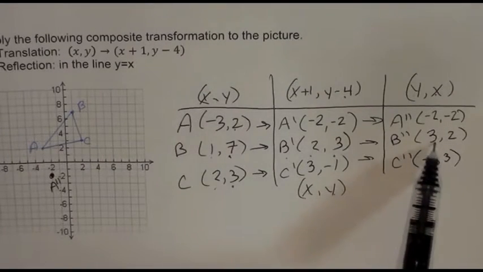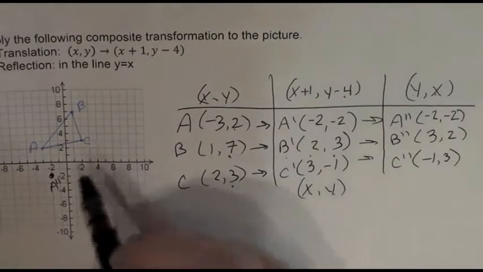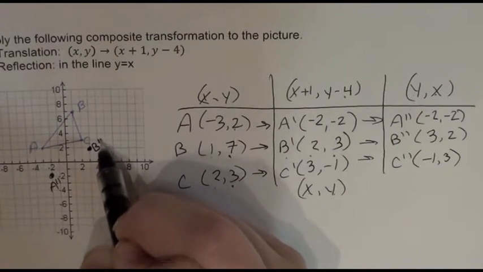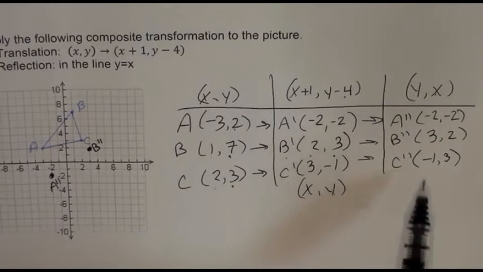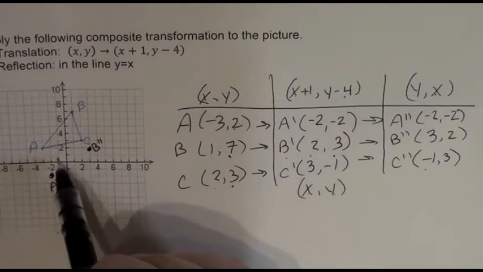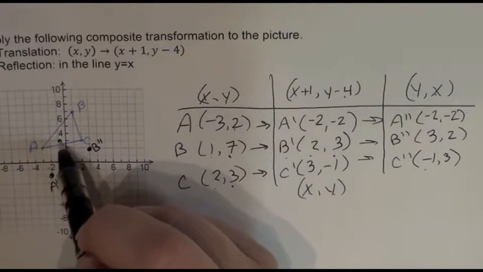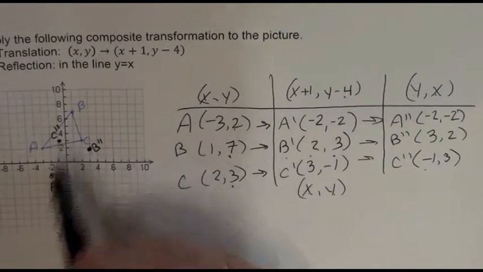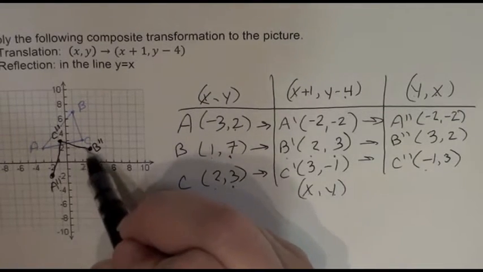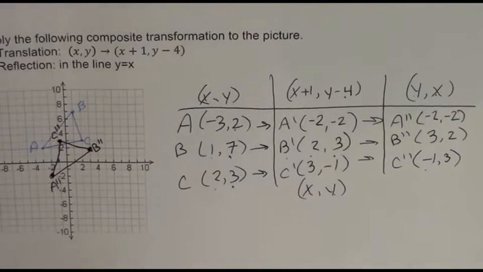B is (3, 2), so right 3 up 2 is B double prime. And C double prime is (-1, 3). So left 1, up 3, C double prime, and we connect them to get our triangle.